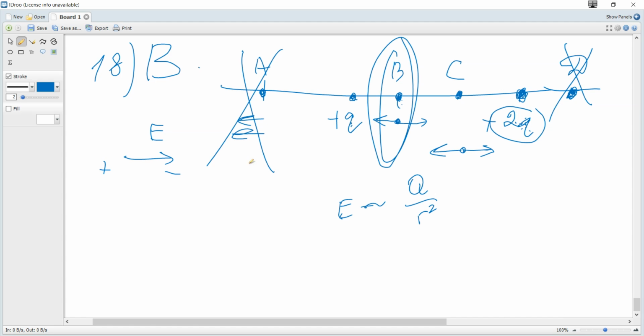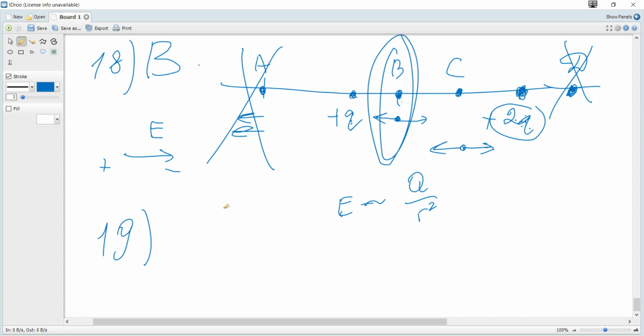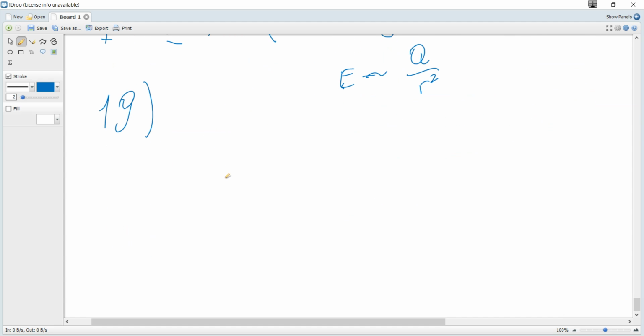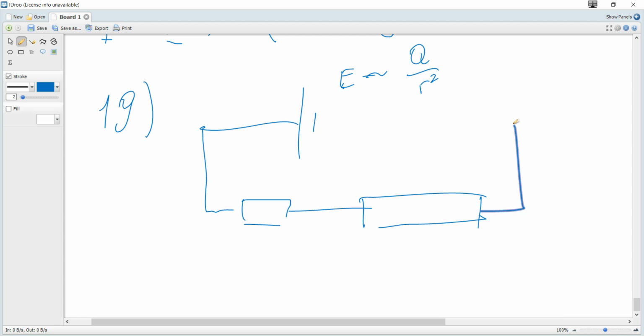18, B. 19. X and Y are two conductors with the same diameter, made from the same material. Y is twice the length of X. So it is given two resistors and Y is 2 times longer.